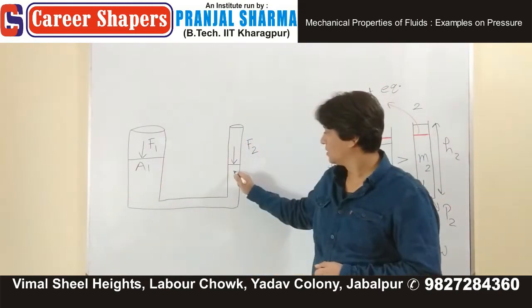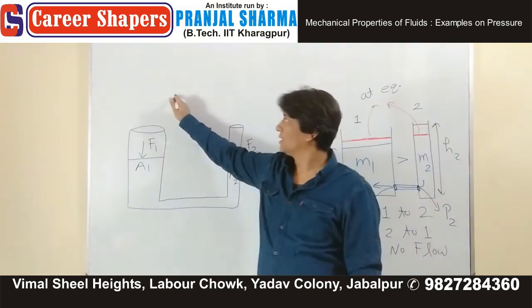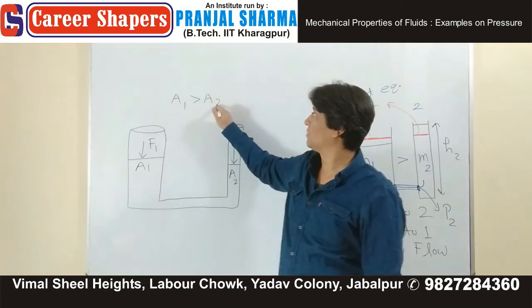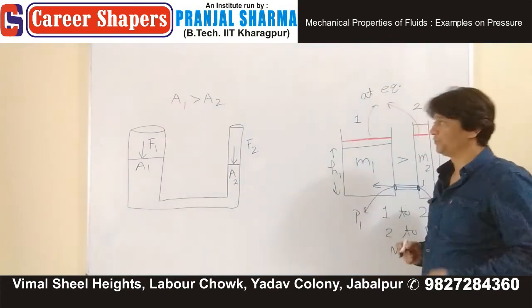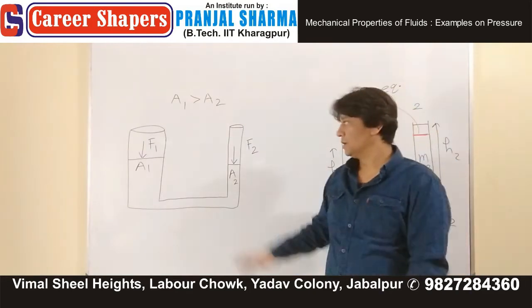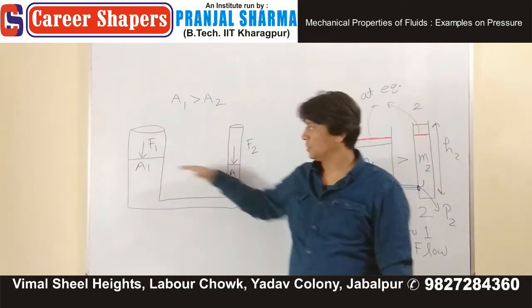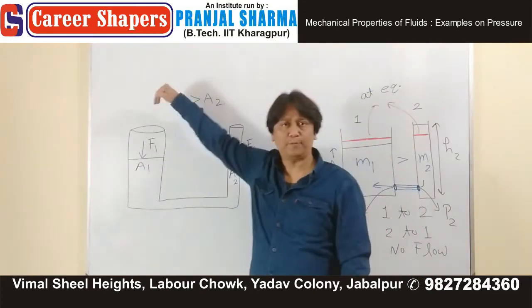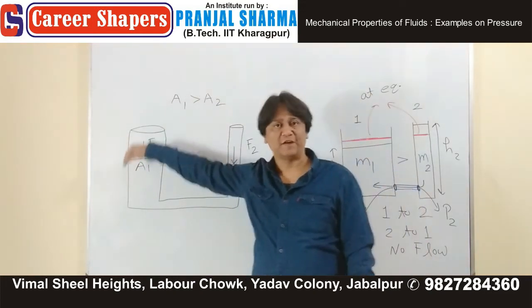A1, A2. You can all see that A1 is greater than what? A2. This is a liquid. You have capped the top surface, and then you are pushing the whole thing with the force of F1.